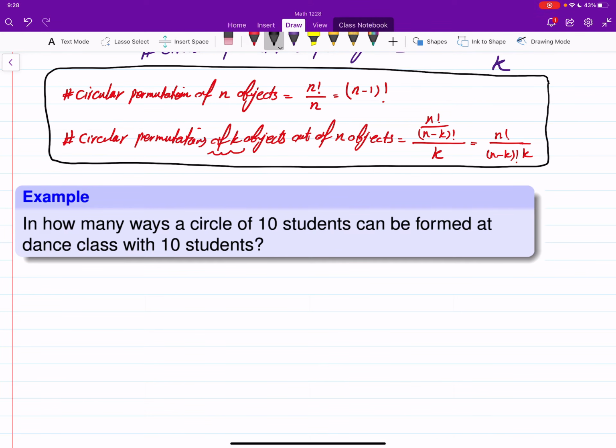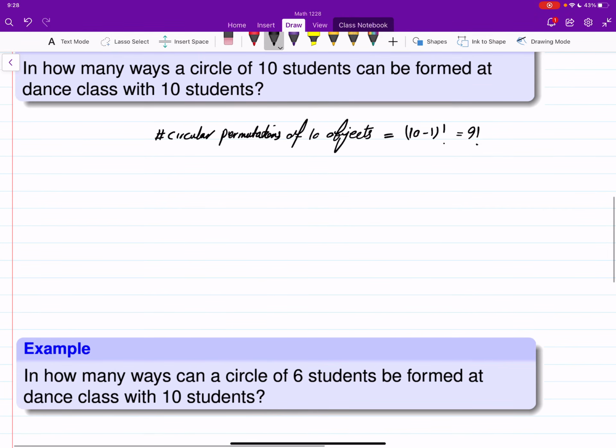We know that this is equal to the number of circular permutations of 10 objects. By the formula we had up there, it's going to be 10 minus 1 factorial, which is 9 factorial. The number of linear permutations is always bigger than the number of circular ones, so we divide, and that's how we get that.